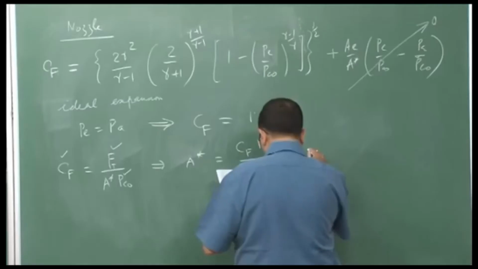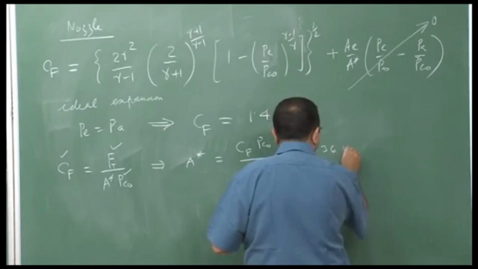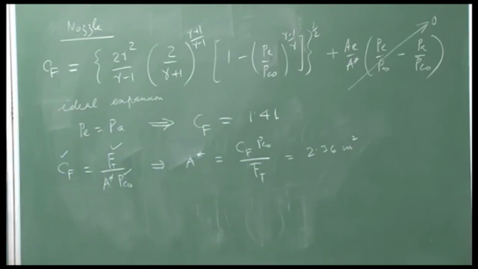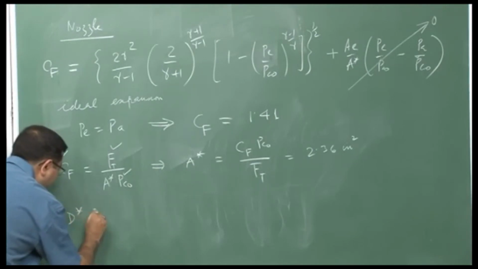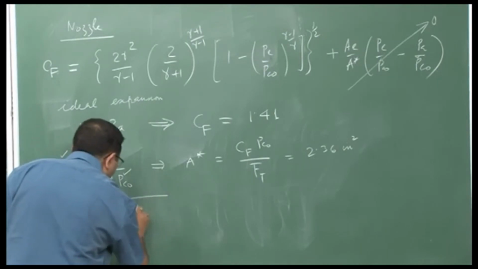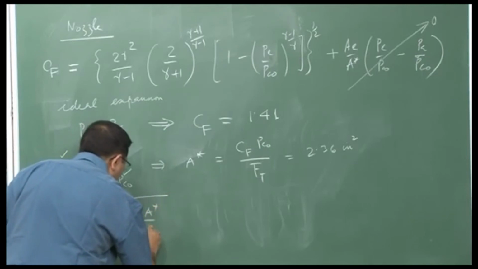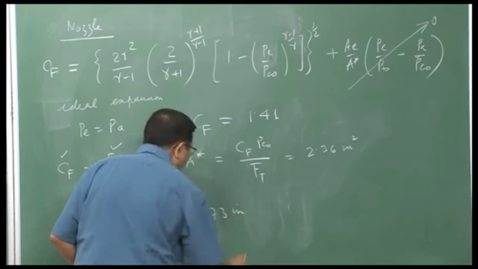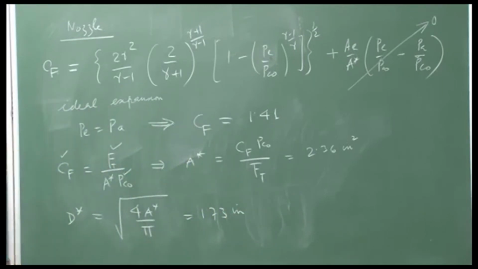This comes out to be equal to 2.36 square inch. So, 2.36 square inch is my throat area. Therefore, I can get d star, the throat diameter, equal to the square root of 4 A star by pi. This is equal to 1.73 inches. So, that is my throat diameter for this rocket, 1.73 inches.